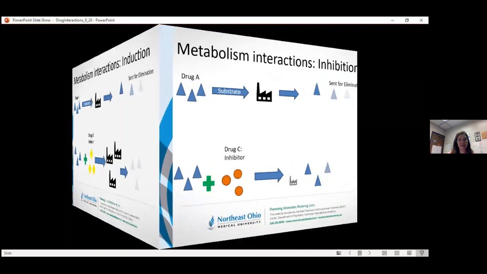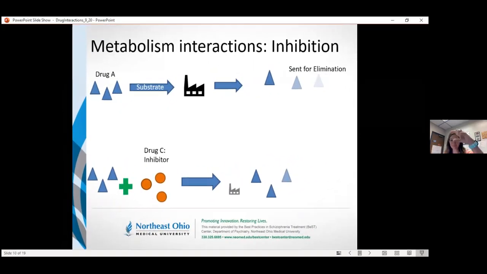For the inhibitor side, so we have the same example at the top with our substrate, but if we have an inhibitor drug, which is our orange circles down here, they can either make the enzyme factory less efficient, or it can bind to the enzyme factory and take it offline completely. And what that does is it means that that enzyme can't process drug A anymore.